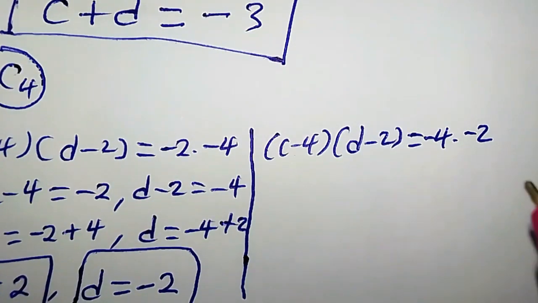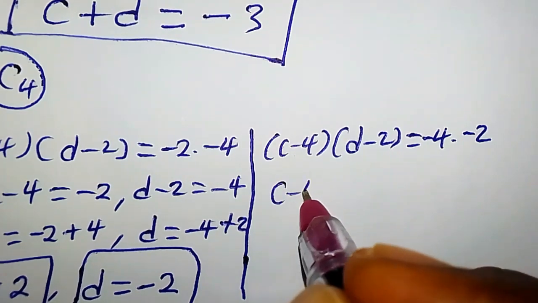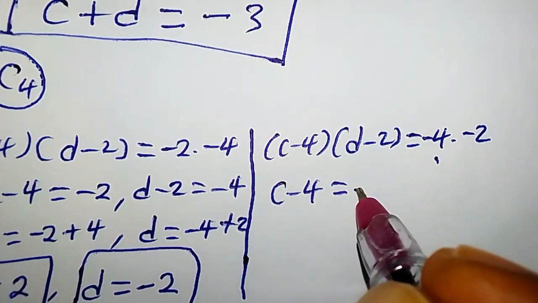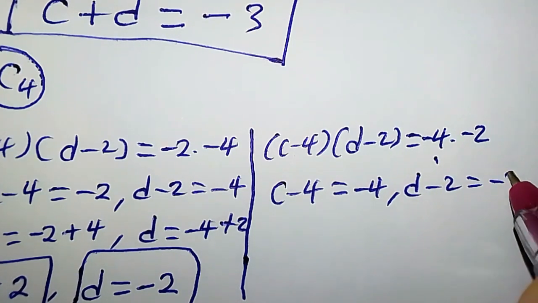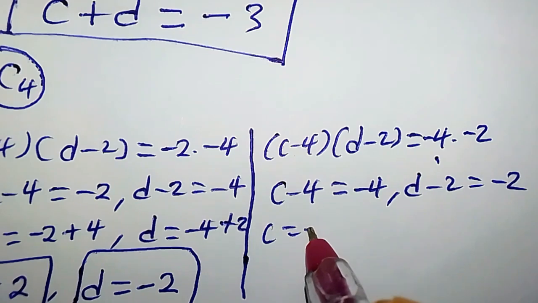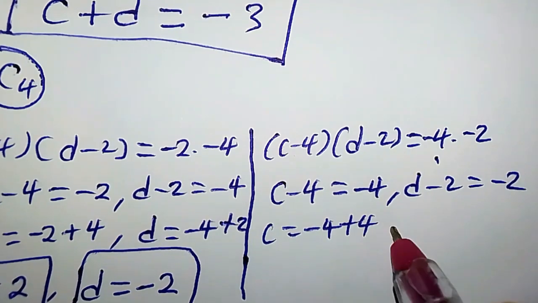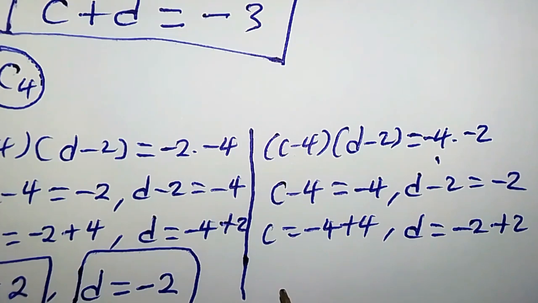Similarly, let us consider this equation. If we compare, C minus 4 is equal to minus 4, and D minus 2 is equal to minus 2. From this line, C equal to minus 4 plus 4, and D equal to minus 2 plus 2. C equal to minus 4 plus 4, that is 0.